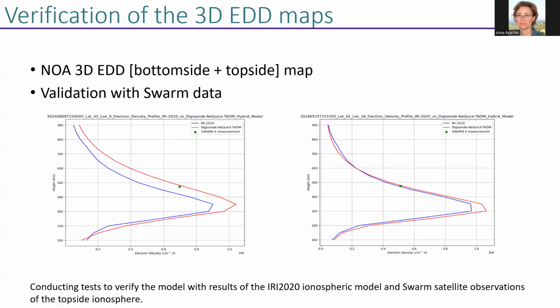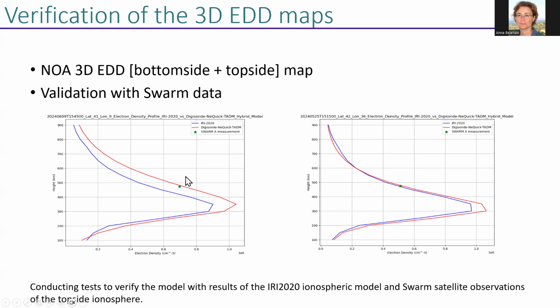The 3D electron density distribution maps are validated in this case using Swarm in situ data. Here you can see the reference profile from the IRI 2020, and with a red line you can see the Digisonde TAD model, that is using the NeQuick as background, and it is updated with the TAD formulation for the topside.